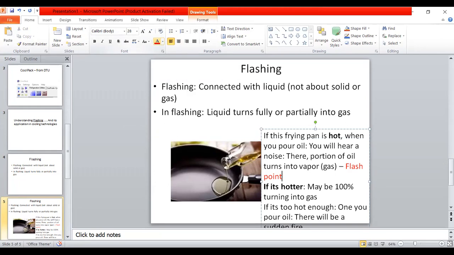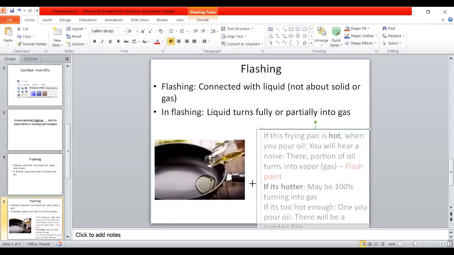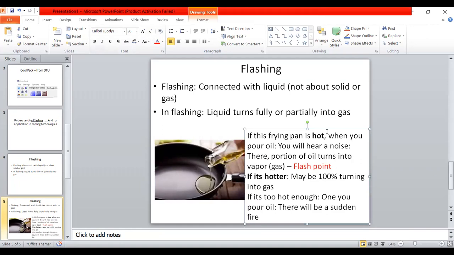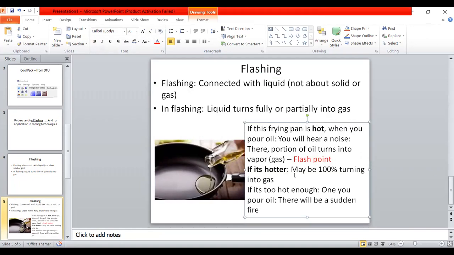At the flash point, the fuel turns into gas. This is the minimum. And then we talk about fire.